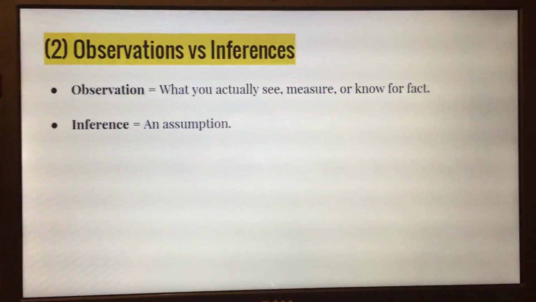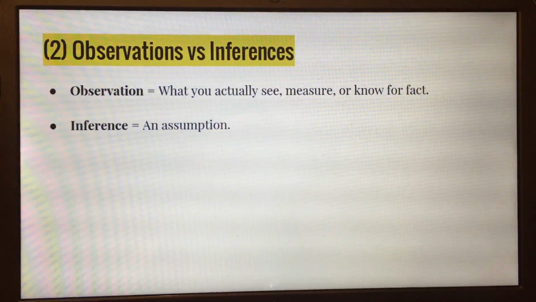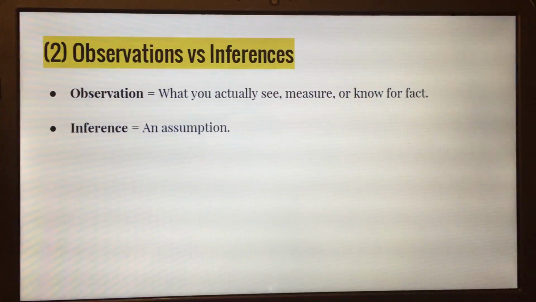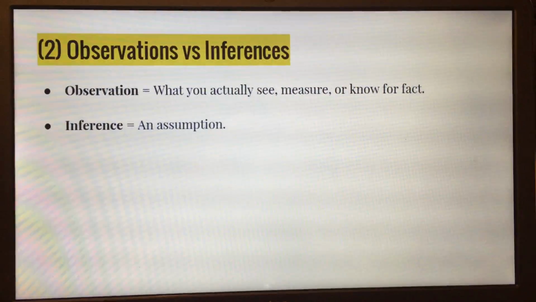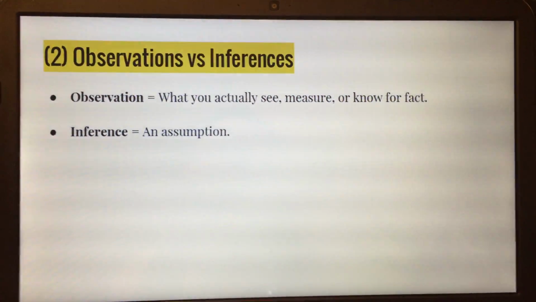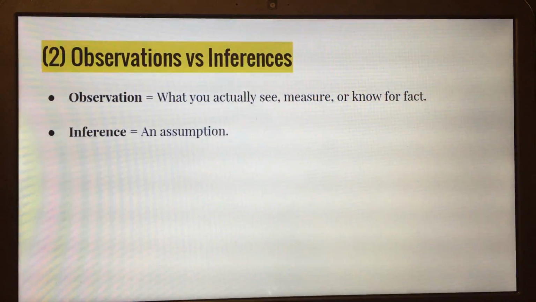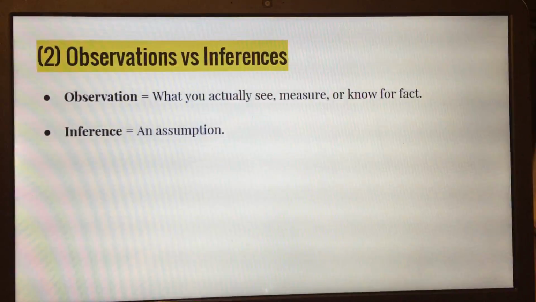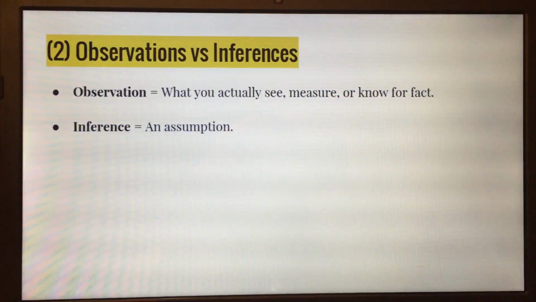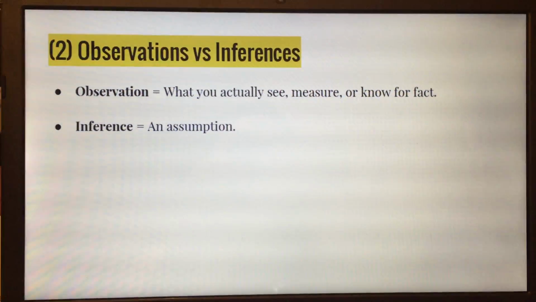You don't really know for sure if it happened that way. You didn't see it. You maybe heard about it. You've made a random guess. We don't ever want to make inferences in science. All of our observations for anything we're trying to problem solve should be based off things we have seen in real time, things we measured, or things we know for a fact from other experiments and studies.